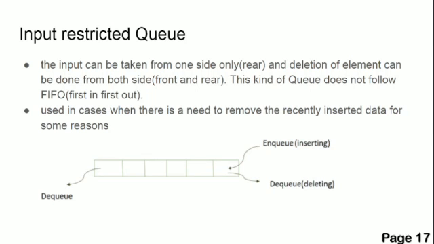This kind of queue does not follow FIFO, first in first out, and is used when there is a need to remove recently inserted data. It means if we insert an element and suddenly find it was wrong, we can use this method to remove that element.